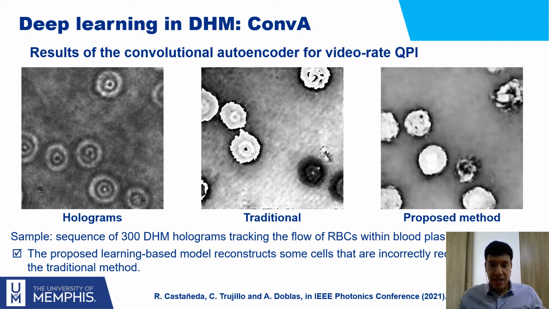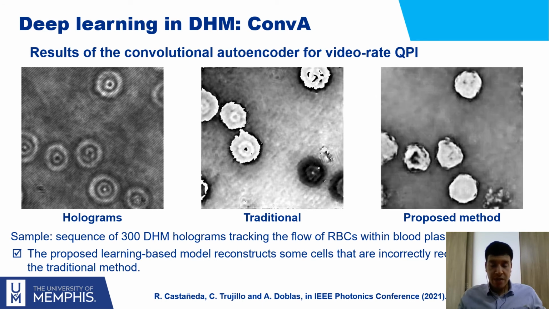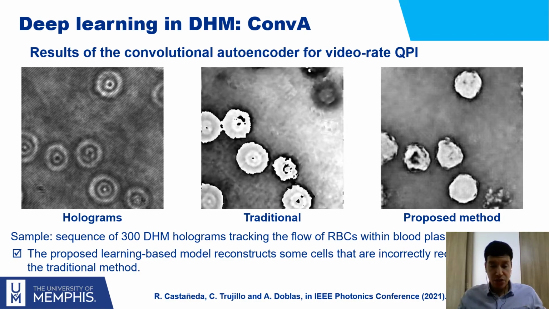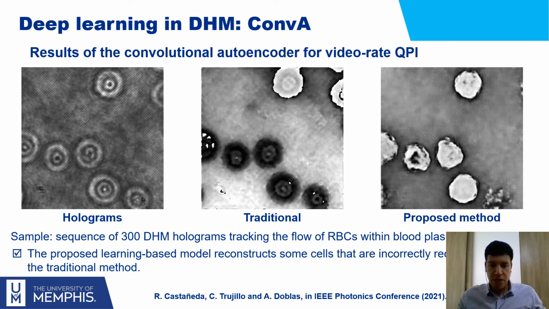Nevertheless, in the video that is produced by the proposed convolutional autoencoder method, we see that although there are some, again, high spatial frequencies as noise, we can have a homogeneous background, and all the specimens are always properly reconstructed.